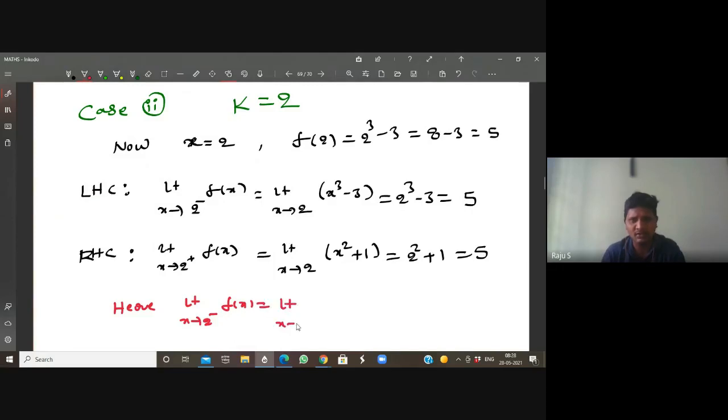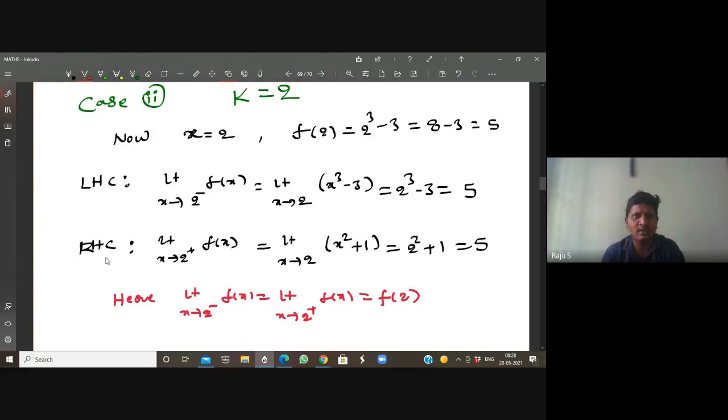So limit x tends to 2 plus f of x is clearly equal to f of 2. Therefore, we can write here, therefore, f of x is continuous at x is equal to 2.